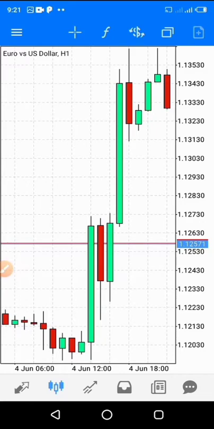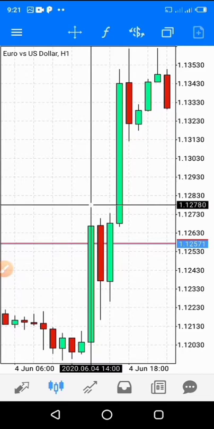Generally speaking, a candlestick that represents buyers taking control of the market is represented with color green. Some people use color white, although you can use any color, but I prefer green. A market dominated by sellers is represented by color red or color black.